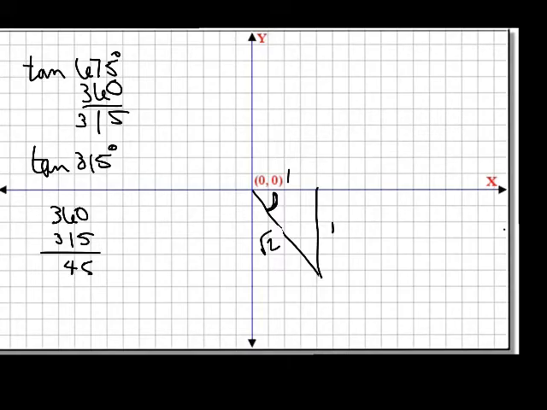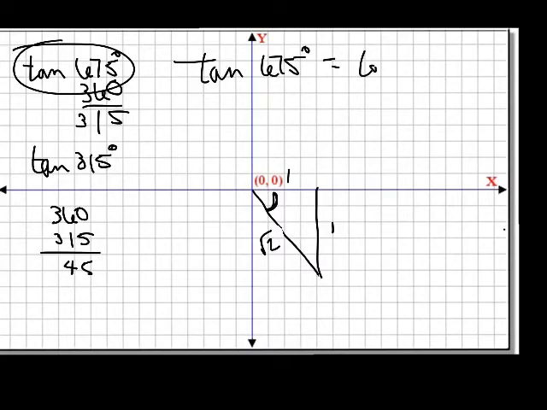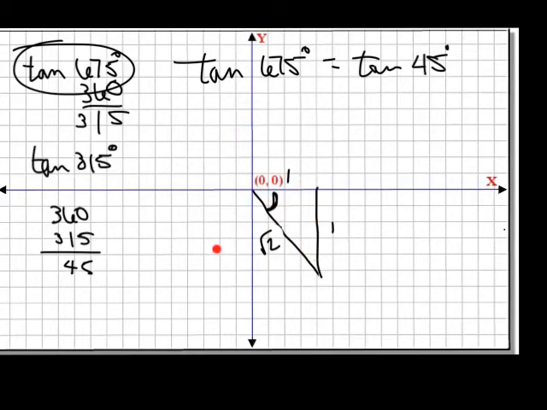And it's interested in finding out the tangent of 675. Well, the tangent of 675 is going to be the same as the tangent of 45, because it's the same line right here. We just went around a lot until we finally stopped there. But it's the same triangle. So if I find the tangent of 45, I've also found the tangent of 675.